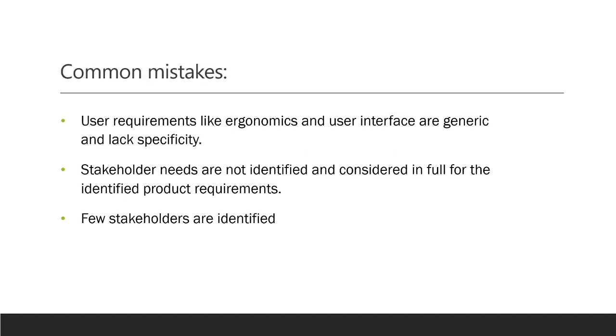Common mistakes. The user requirements are generic. So often what students will do is they'll find a picture of some ergonomics and go, there you go, ergonomics done. What they don't do is look into it and look at the specific age group, the specific sizes of the people, or the gender, or the range of sizes they need to do. So what they do is they pick one measurement, and quite often that measurement tends to be themselves, which is fine, but then they don't look outside that.